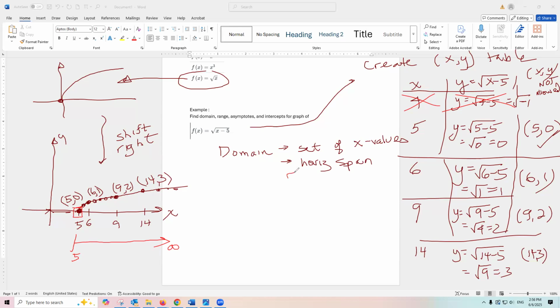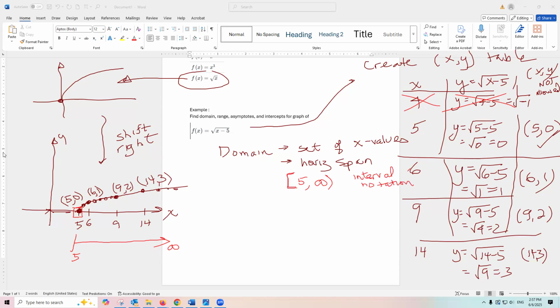So the way I'm going to write this is 5 comma infinity. The 5 is getting the square bracket, which indicates that the value 5 itself is part of the graph. Whenever you write infinity, you always put a parenthesis. By the way, this is called interval notation that we're writing here, interval notation.